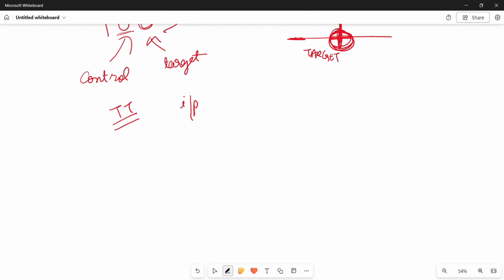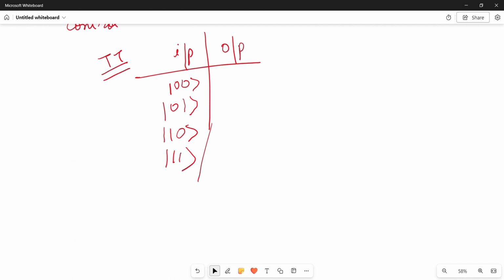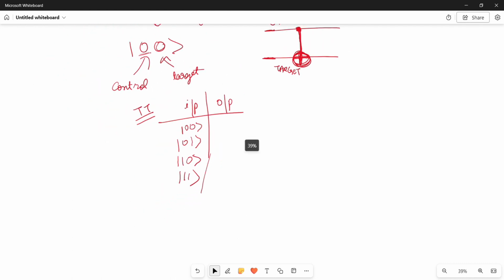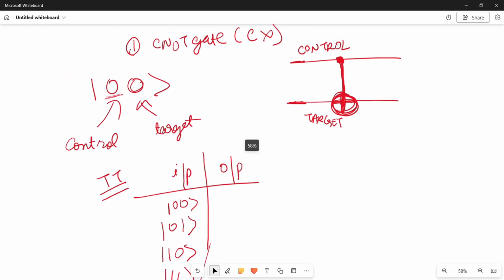Your input, your output. For the output, one thing you should remember about your CNOT gate is that when your control bit is 0, there would be no changes, and when your control bit is 1, the target is flipped.